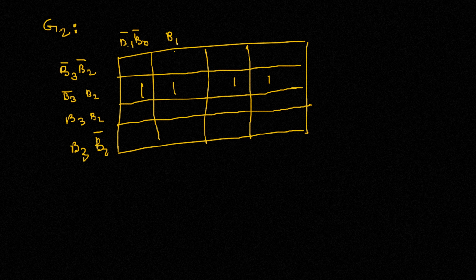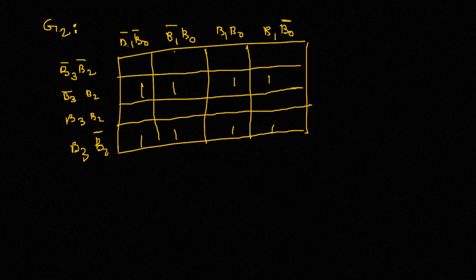So here we get 1, 1, 1. This will be B3 dash B2 dash, B3 dash B2, B3 B2 and B3 B2 dash, and I've written this as B1 dash B0 dash, B1 dash B0, B1 B0, B1 B0 dash.